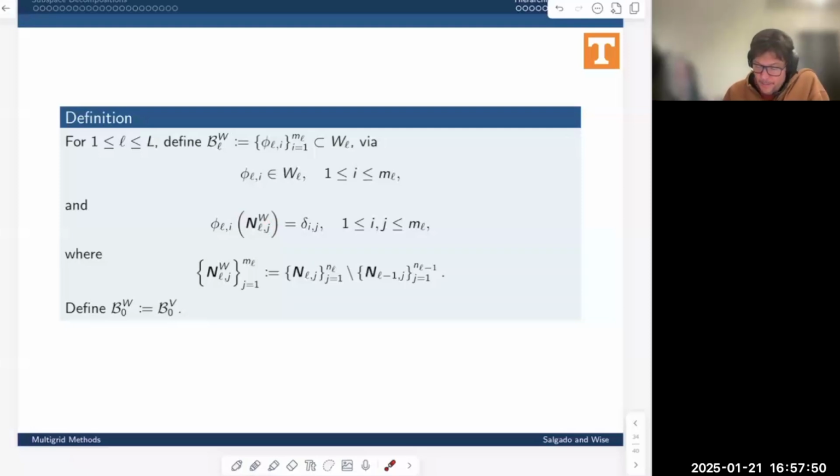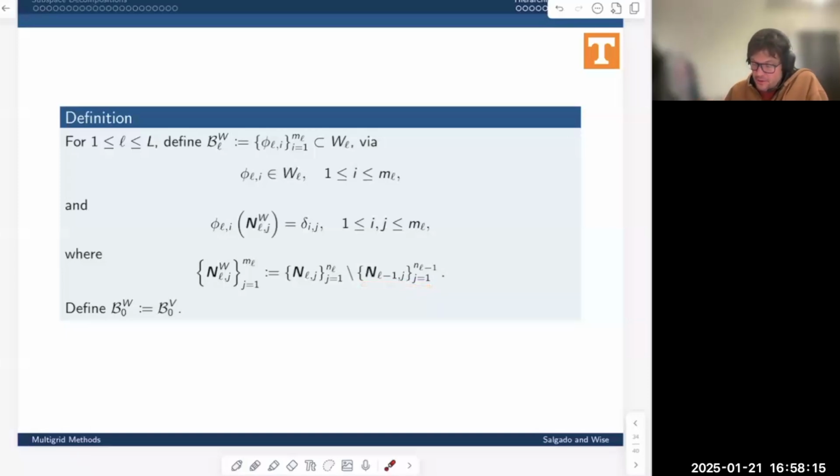But now notice these are the nodal points for the W set. To find the nodal points for W at level L, what we're going to take is all the nodal points, the interior vertices for our mesh, and we're going to remove all the vertices from the coarse mesh.